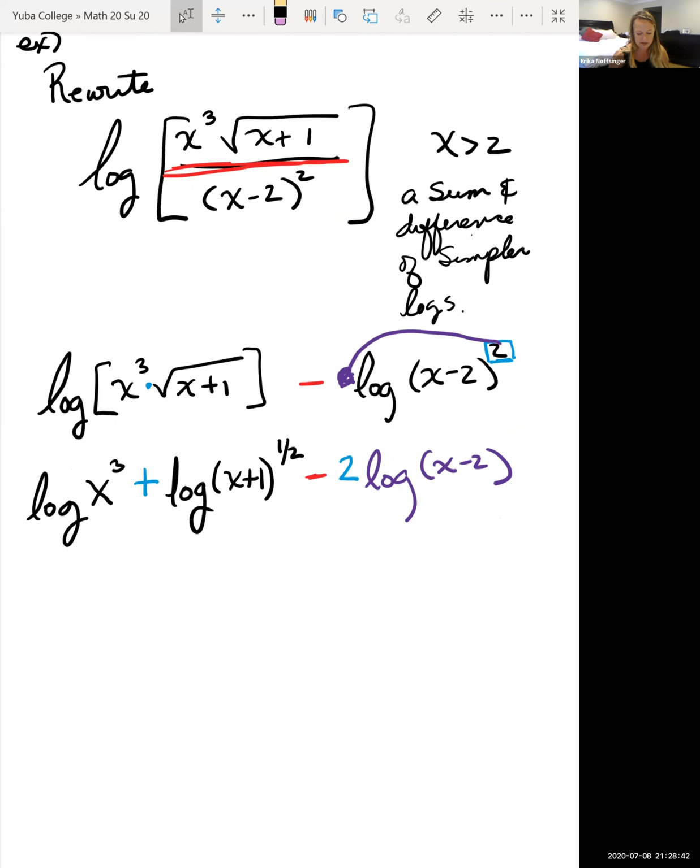Notice that I still have exponents. I have an exponent of 3 here, and I have an exponent of 1/2 here. And so we can bring down those exponents as factors in front.